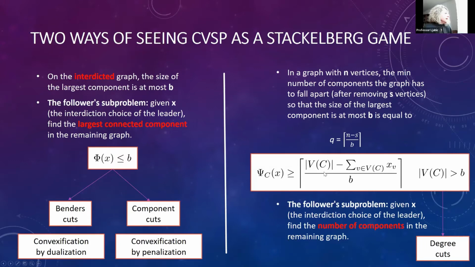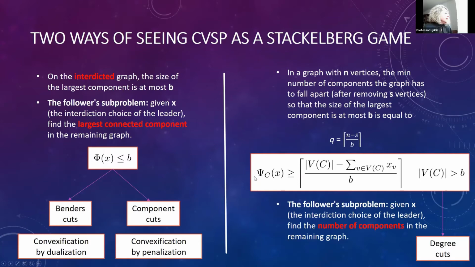We will look at the connected component with more than b vertices. The number of vertices in the component minus the number of vertices that we are going to remove divided by b. This is the number. Now, what is this function psi of x?